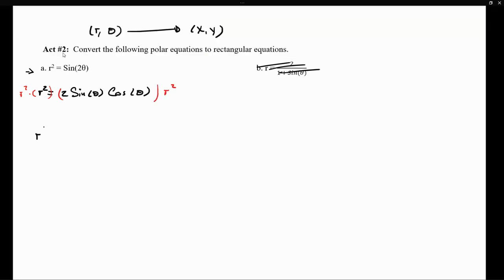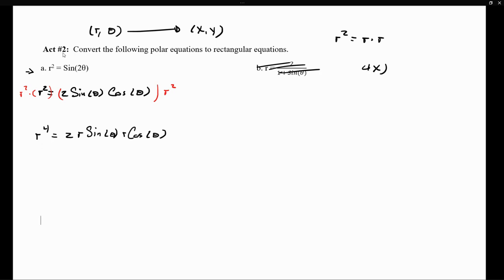Now we're going to have r to the fourth equals 2. One of those r's, I'm just going to put in front of the sine, and the second r, I'm going to put right in front of the cosine. Because even though we're multiplying by r squared, recall that r squared is equal to r times r.